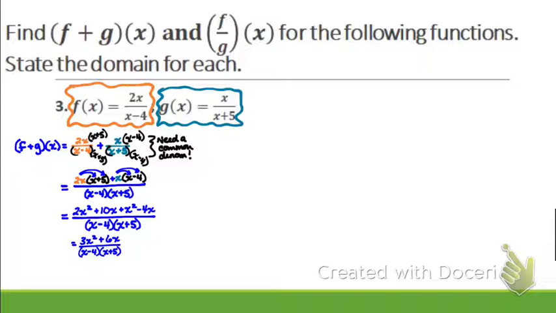Yes, I can factor out a 3x. And what would I have remaining if I factor out a 3x? X plus 2. Once I have it in that factored form, now I know for sure that nothing will actually further simplify. Nothing is going to cancel. So that would be my sum right there.